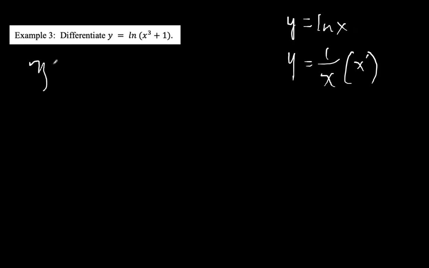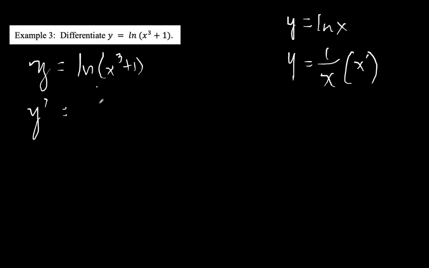So let's have number 3. And we knew when y is equal to ln x, y prime is equal to 1 over x times the derivative of x, all right? So we have y is equal to the natural logarithm of x cubed plus 1, and y prime is equal to what?